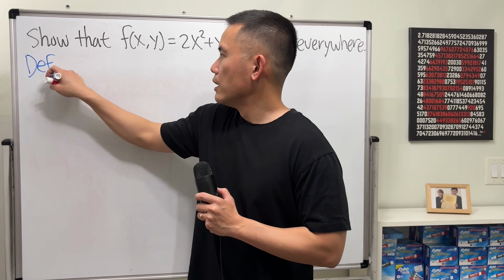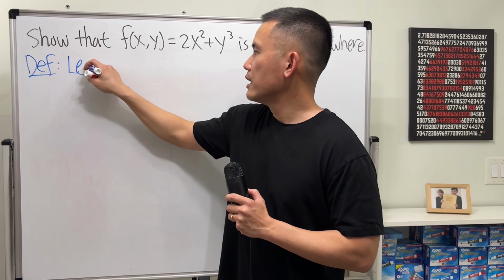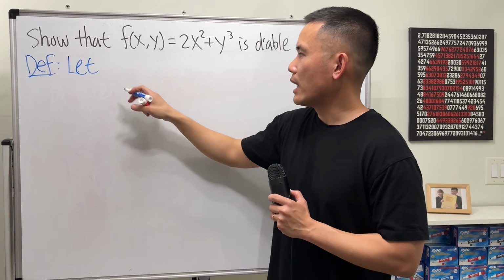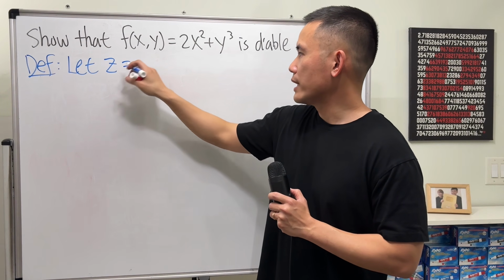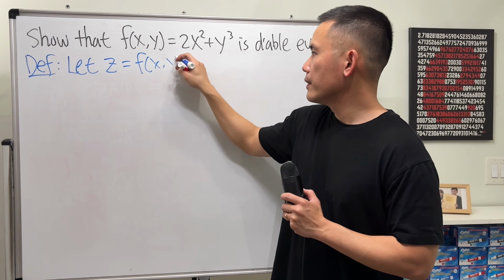Definition. First, I'm just going to say this function f of x, y, I will call that z. So write z as f of x, y.